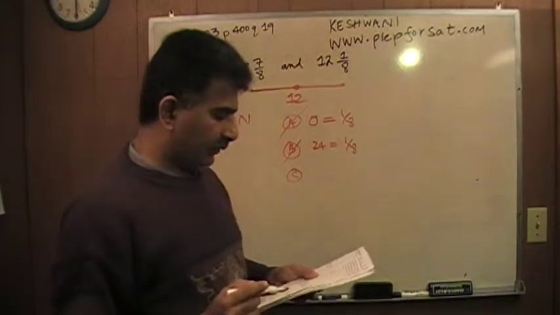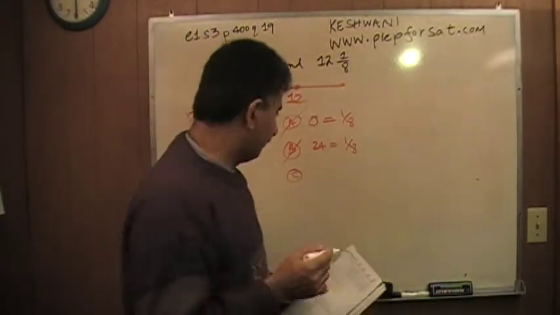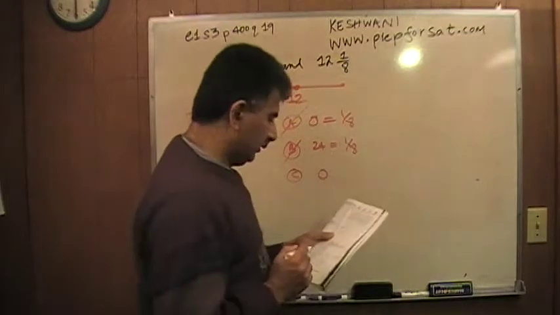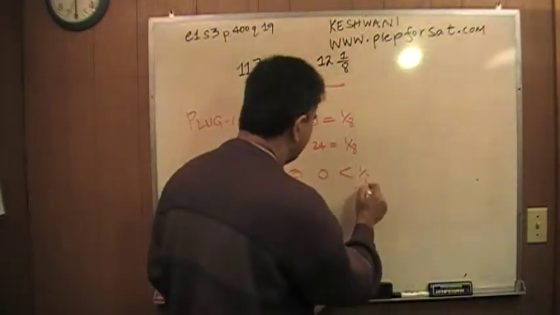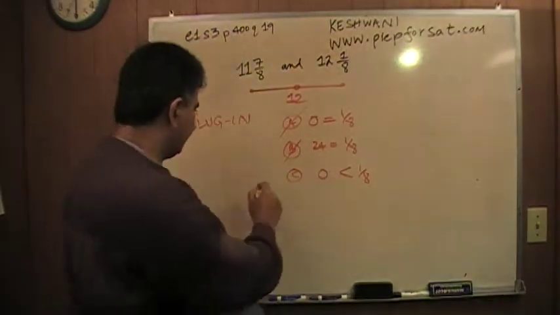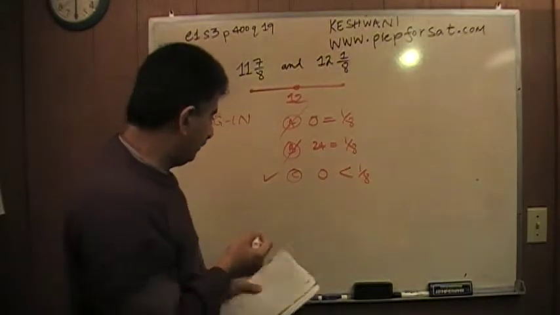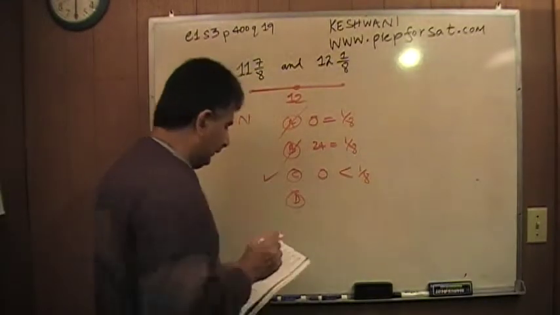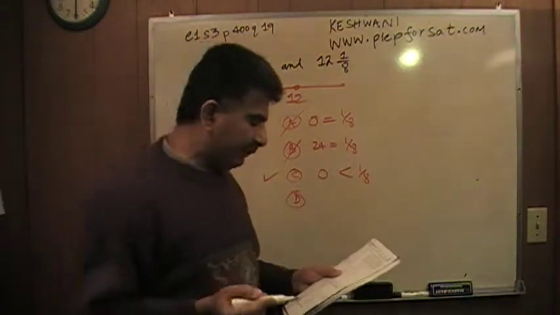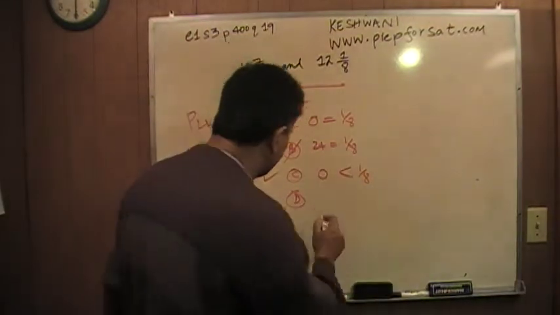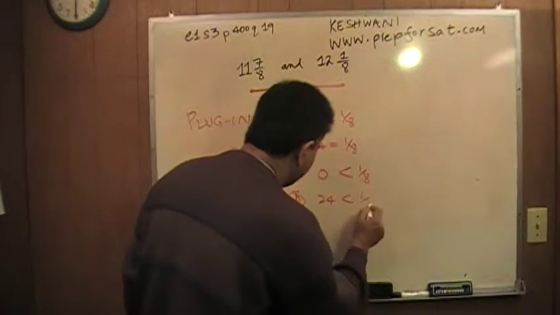C says 12 minus 12, which of course is 0, and we are told that is less than 1/8. Now we are getting someplace. So let's keep it. That's a possible candidate. I don't know what the answer is, but let's keep it. D says n plus 12, again 24. We are told it's less than 1/8.